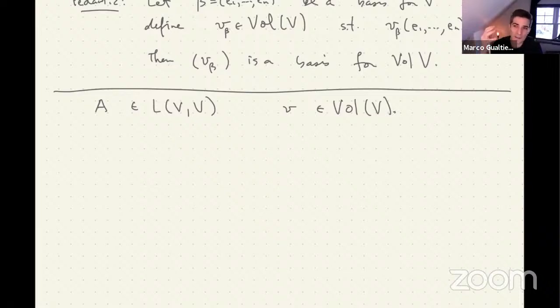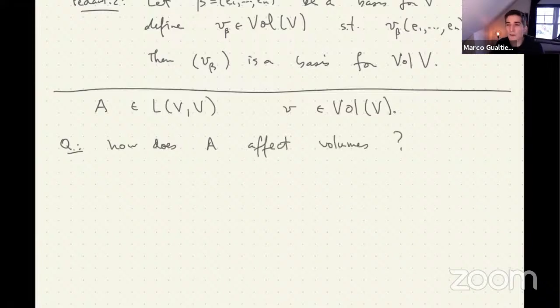Maybe not by a factor of 5, but maybe some power of 5, depending on the dimension of V. So linear operators, when you apply them to a certain region, may affect the volume in a certain way, and we want to determine what that is. So the question is, how does A affect volumes? This is the question I want to answer. It's very simple.